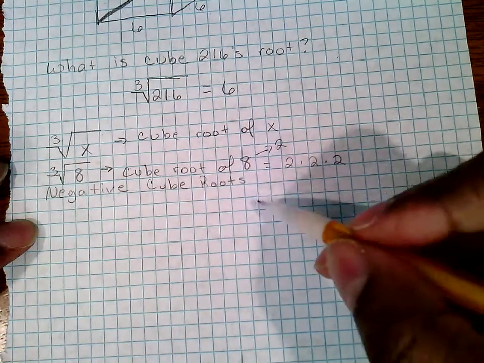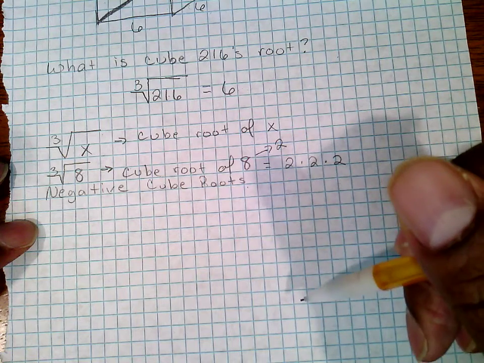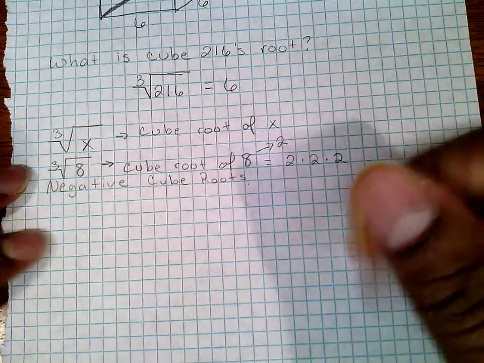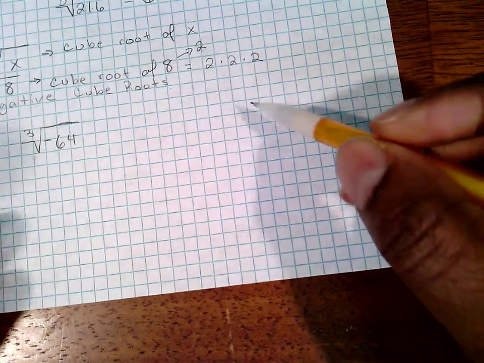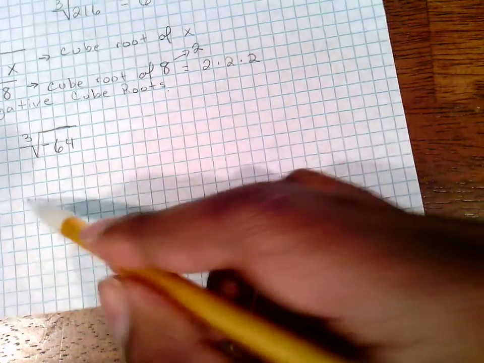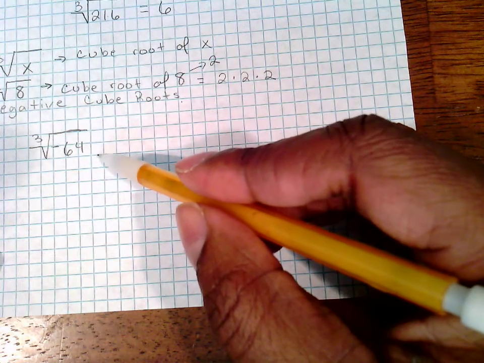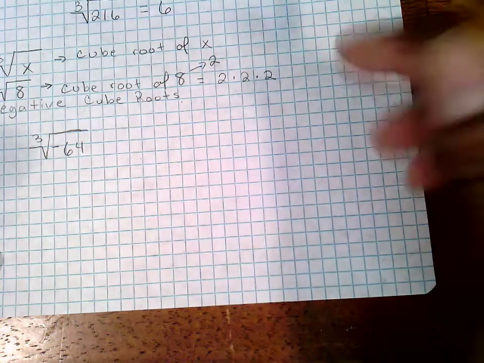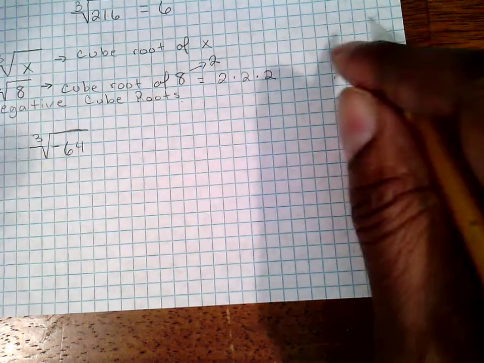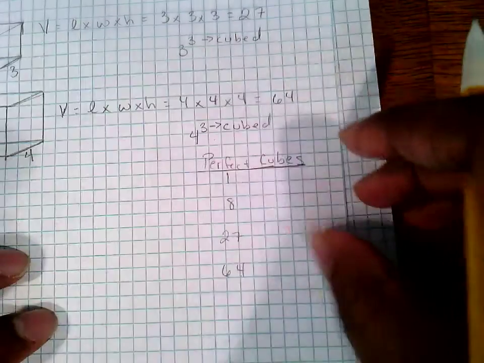All right. Now the next question is, could we possibly have any negative cube roots? Well, let's look at the cube root of negative 64. Based on our results, we can take a number and multiply it by itself 3 times. From one of our volume questions, we got 64 before.